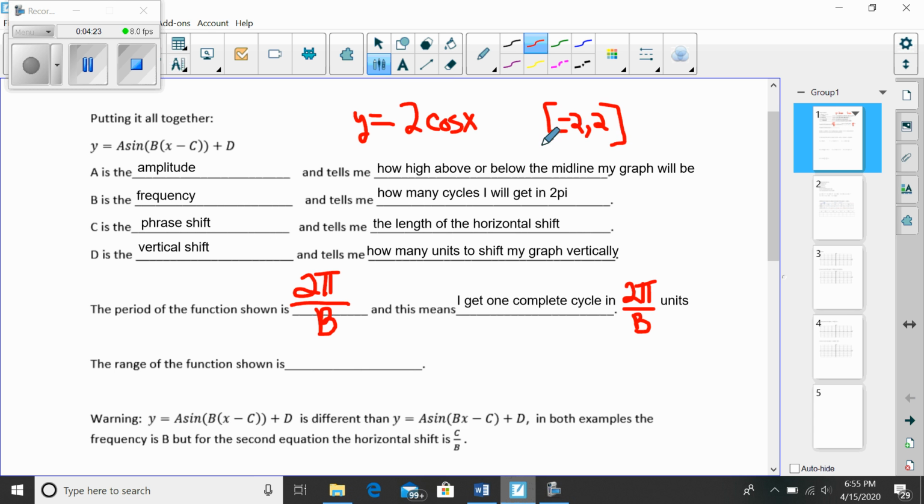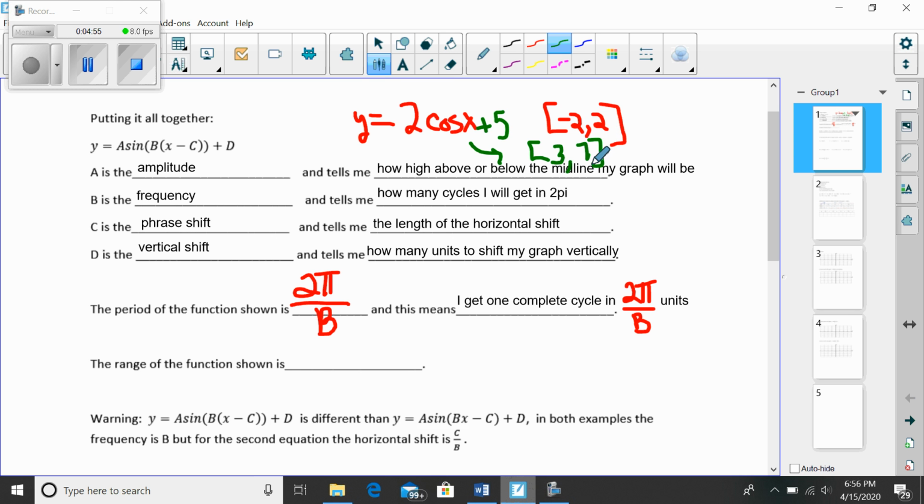But if I add something in, like a +5, I take my entire graph and shift it up 5. So that changes my range. I go up 5 from my lowest point, which would take me to 3, and up 5 from my highest point, which would take me to 7.